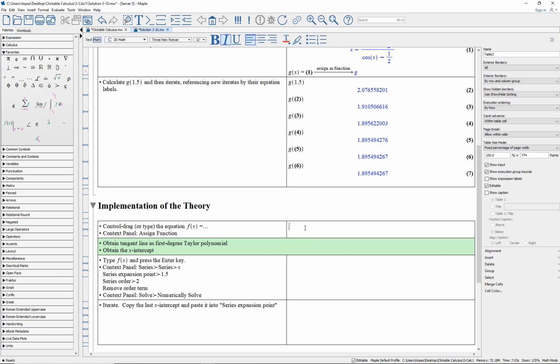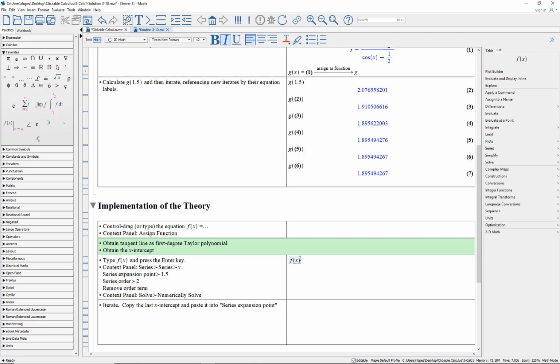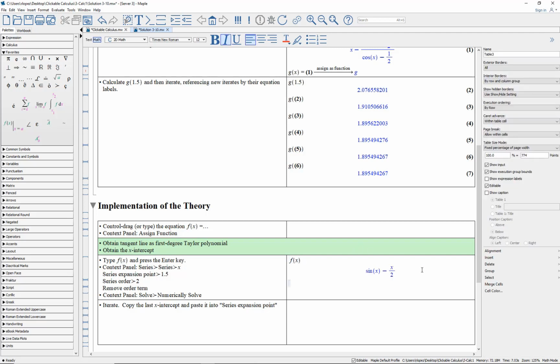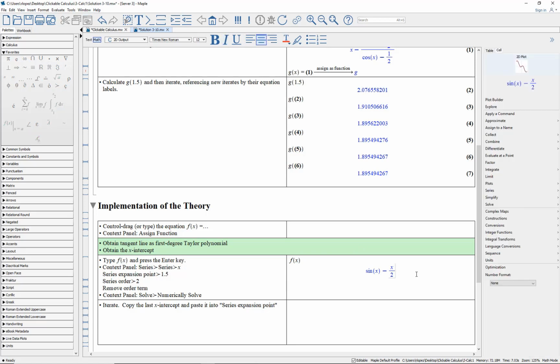Okay, so we've already defined the function f of x. The rule is that, and we want a series expansion. So we go to, here it is, series in x. We want to make a series expansion around 1.5, which is our initial point.